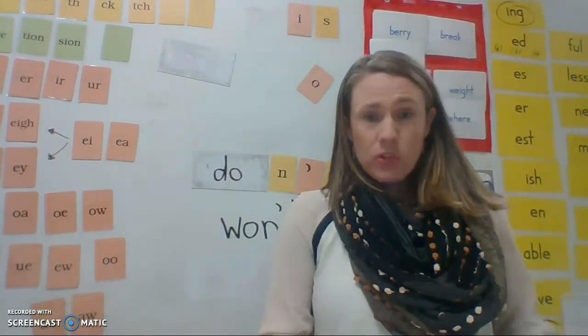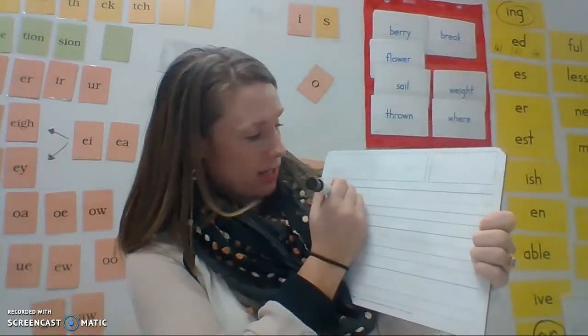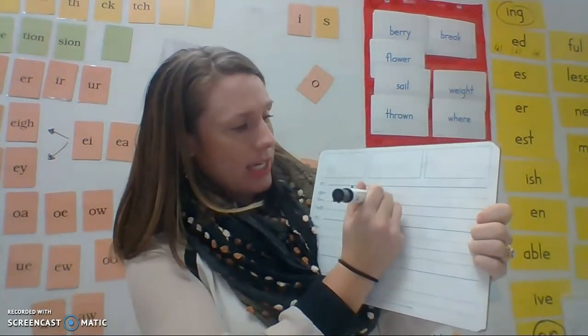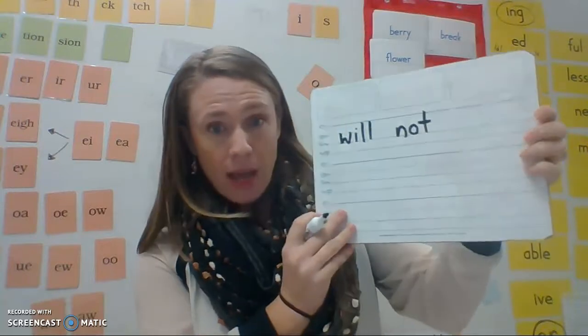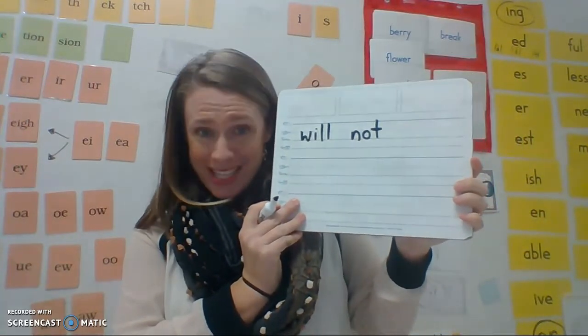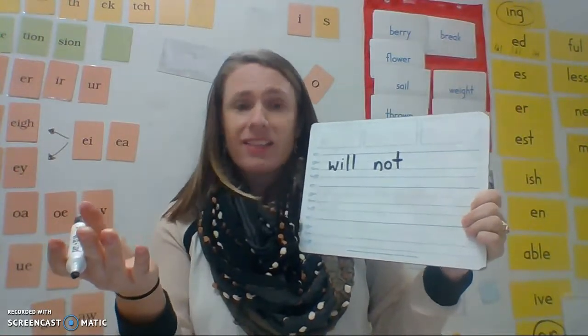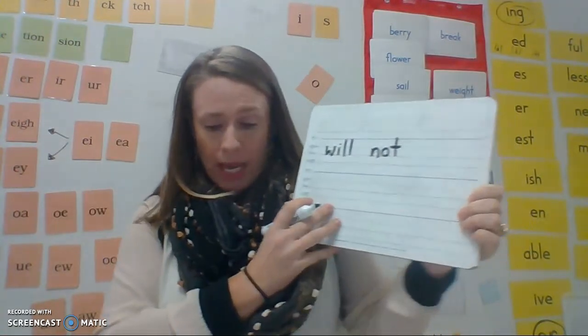Let's practice them. So if you can get out your whiteboard, I want you to practice putting will not together. I will not eat my peas. How can I say this? Instead of saying I will not eat my peas, I would say I won't. Go ahead and show me how to do won't.